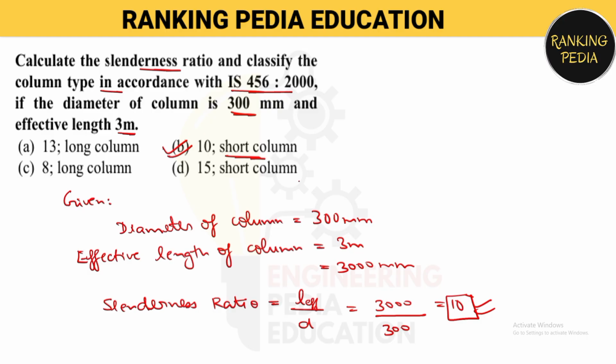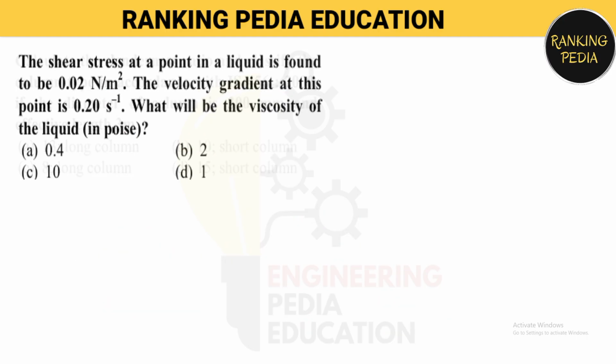Next question is, the shear stress at a point in a liquid is found to be 0.02 N per meter square. The velocity gradient at this point is 0.20. What will be the viscosity of liquid in poise? We have to calculate viscosity of liquid.